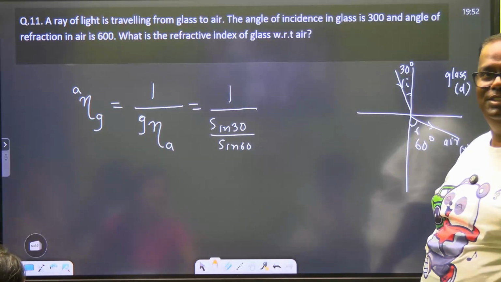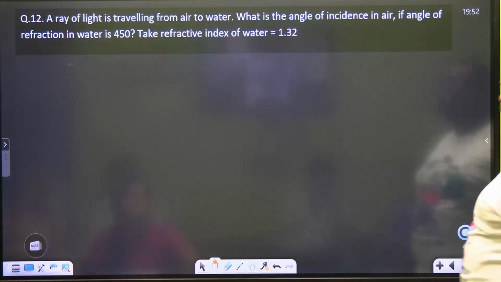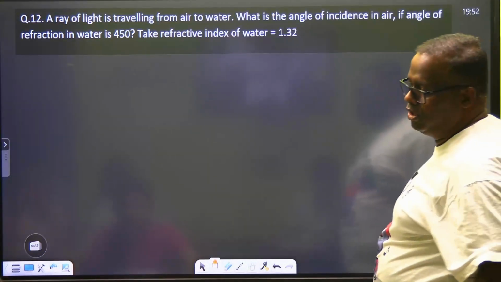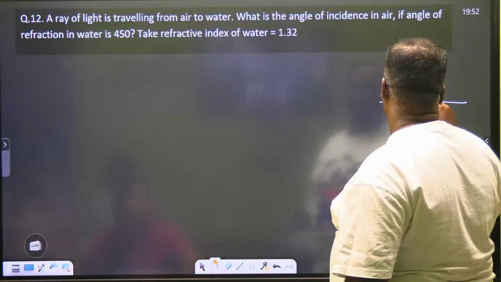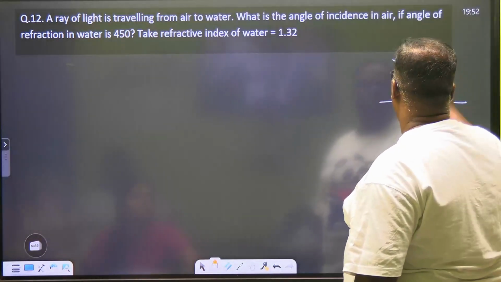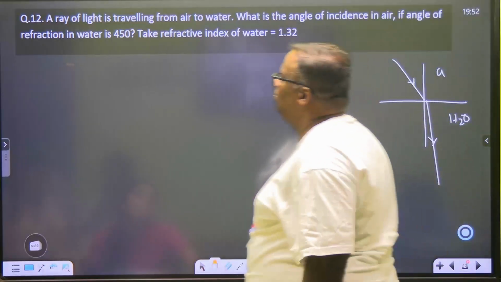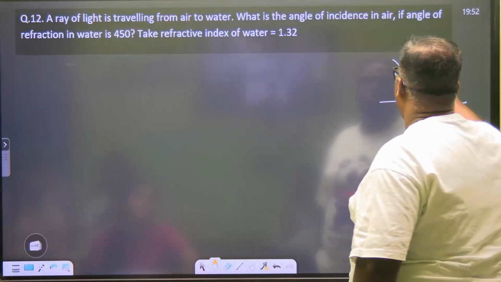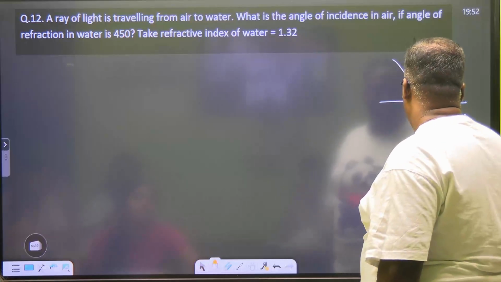Very good. On the path of progress, let's go to the next problem. A ray of light is traveling from air to water. So how will the diagram be? Like this. This is air, this is water. What is the angle of incidence in air? They've asked you what is the value of I, if the angle of refraction is 45 degrees.